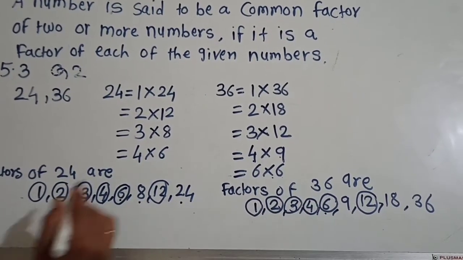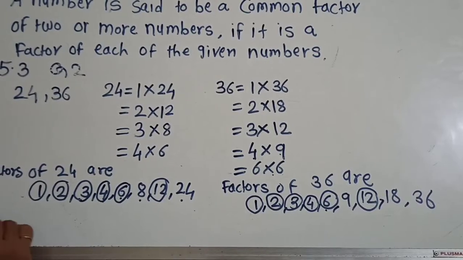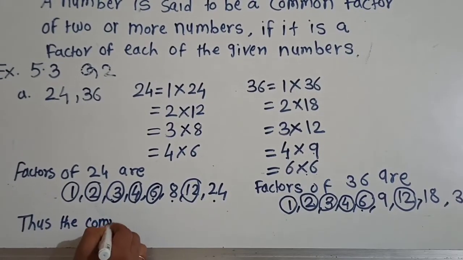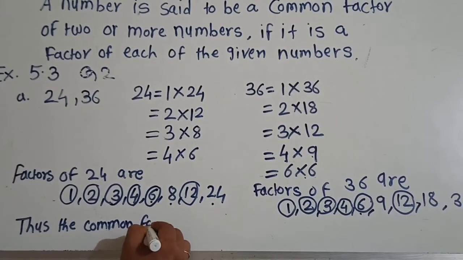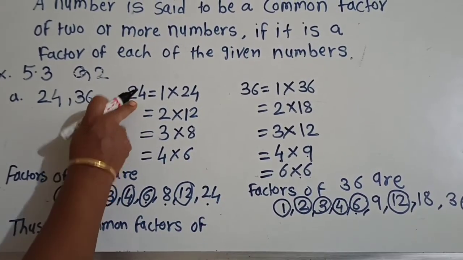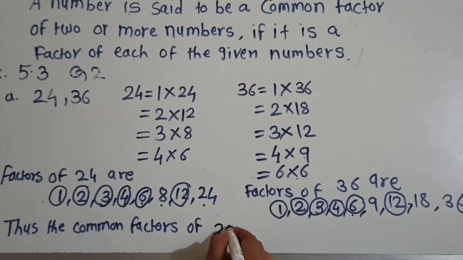Okay, this 12. Then here is 24, but there is no 24. So these are the common factors of 24 and 36.